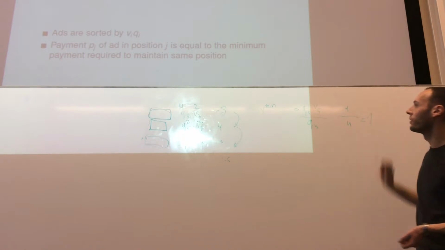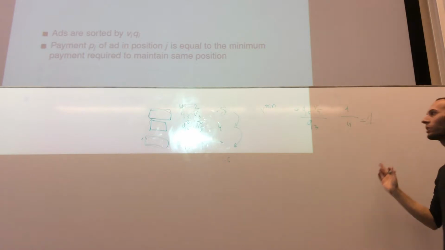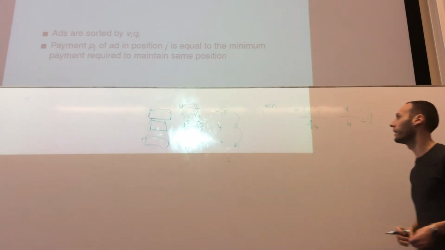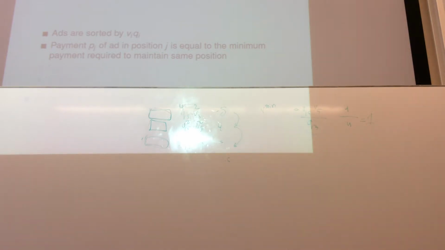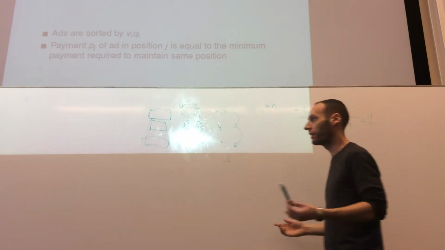So instead of having to pay 4, our payment is actually going to be 1. Okay, so it's also fair. People with high quality actually end up paying a bit less in a sense, right? Because it's in the denominator there. So this is the payment function that is used in Google and in Bing.